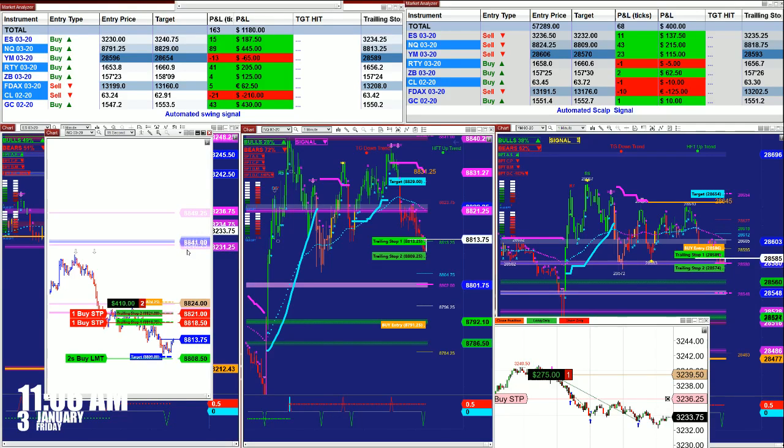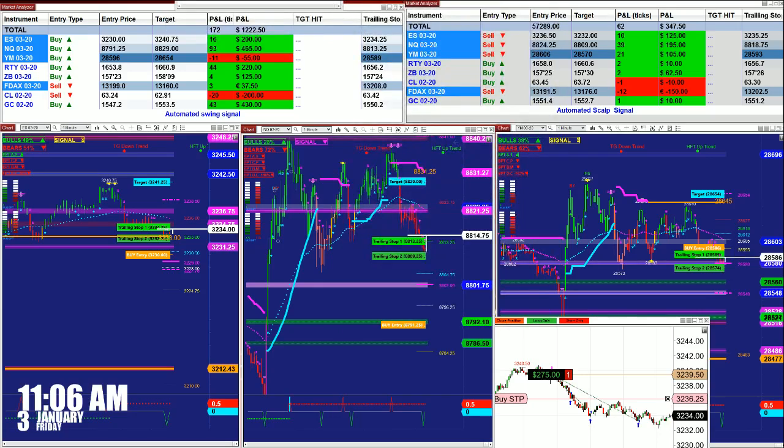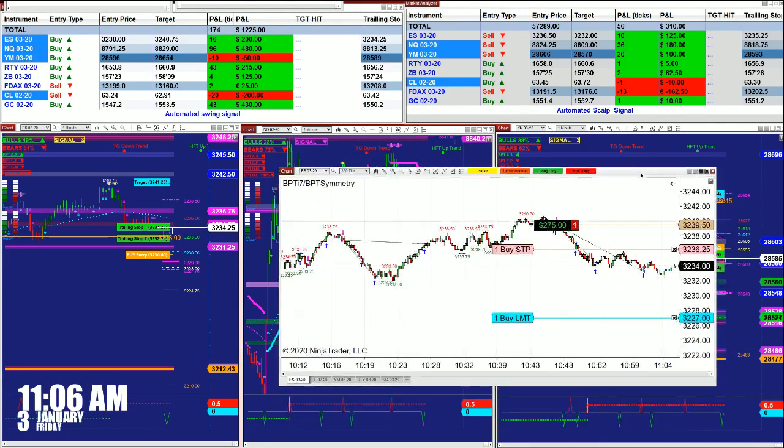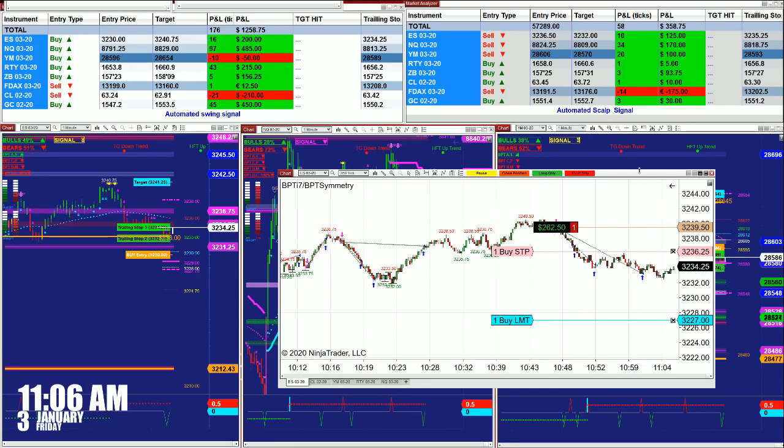And this is it. You're done with it. You don't need to deal with it anymore. So we still have this little baby here on the reversal. We still have one more trade on the ES.